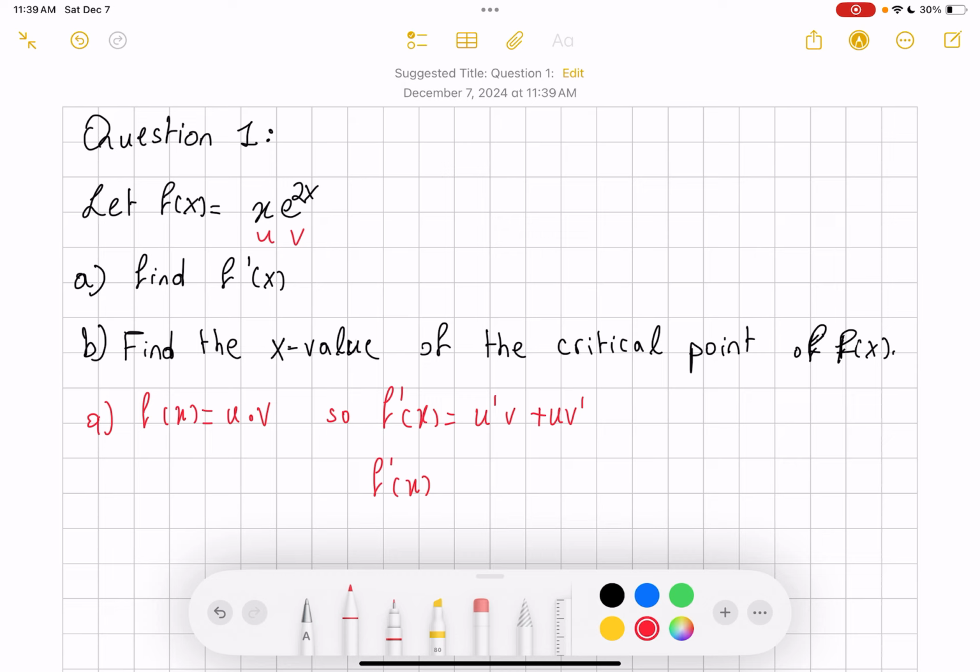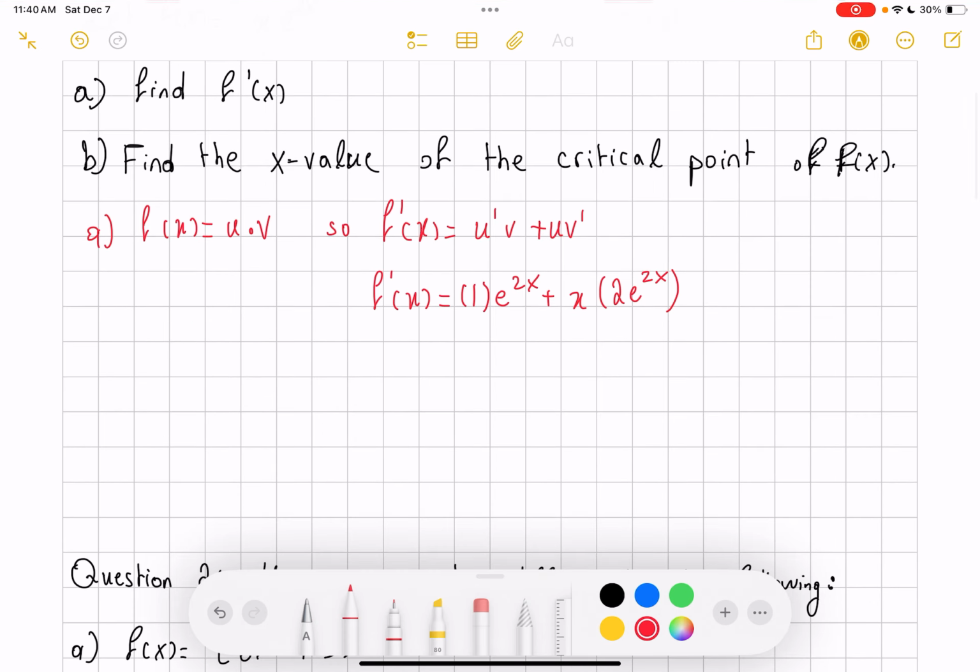Therefore, f prime of x is going to be 1 times e to the power of 2x plus x, and then the derivative of v is going to be 2e to the power of 2x, because the derivative of e to the power of u is going to be u prime e to the power of u. So this is my derivative over here, which is e to the power of 2x plus 2x e to the power of 2x.